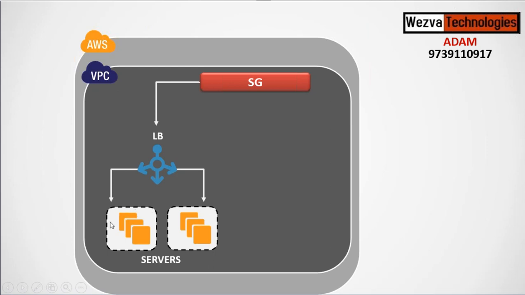For each of the machines, you need to know what type of image to take, what CPU or RAM to use, how much hard disk, all those things. And assume if you need a load balancer on top of it, then this is also considered your infrastructure.